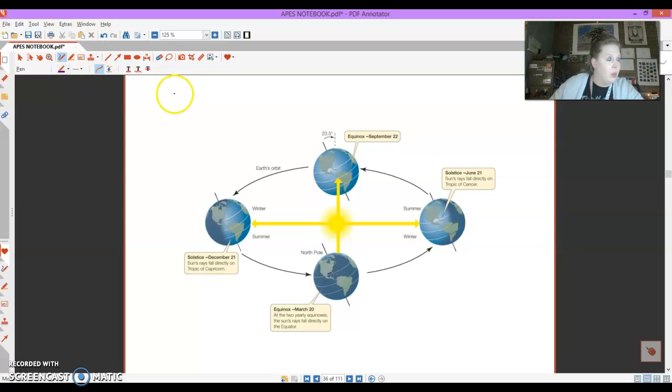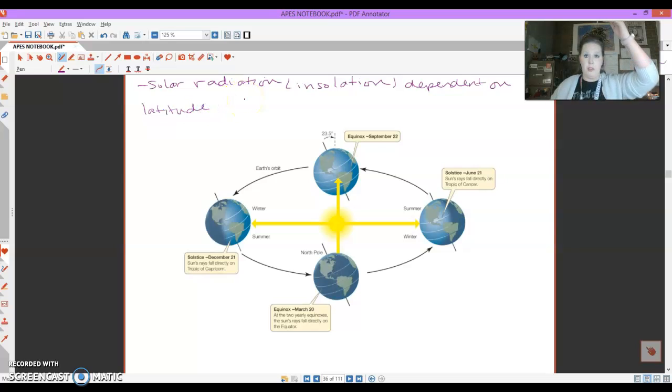All right, so we can say that solar radiation, which we also call insolation, is dependent on latitude, so how far up you are from the surface of the Earth, and seasons.